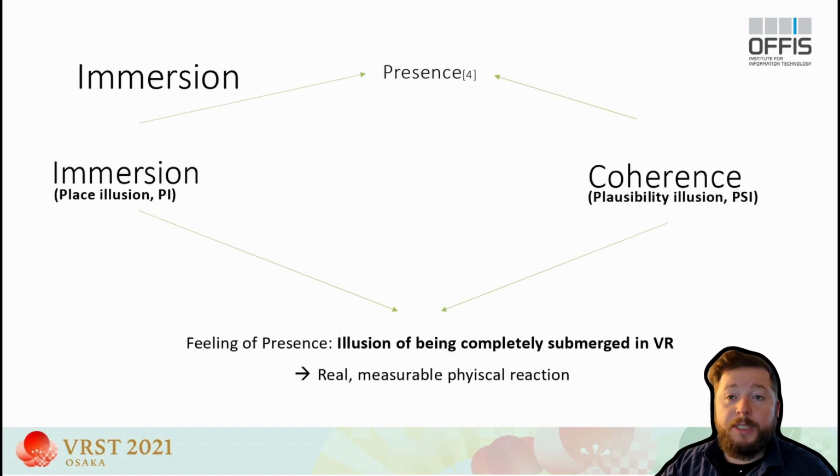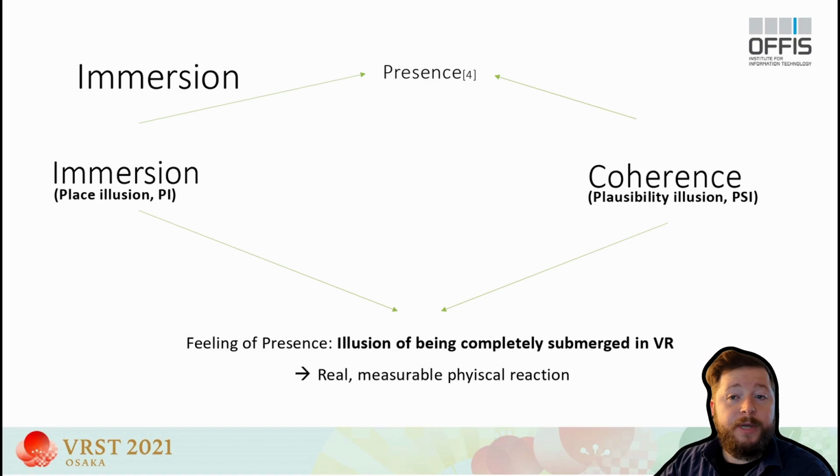Another important concept for stress inoculation training is immersion. Immersion describes the technical capabilities of a system to stimulate the senses of a VR user to make them feel present in the artificial environment. It can be split into two components that contribute to a realistic feeling of presence, one being the place illusion, the feeling of really being in a place, and the other being plausibility illusion or coherence, referring to the feeling that the situation is actually taking place as depicted.